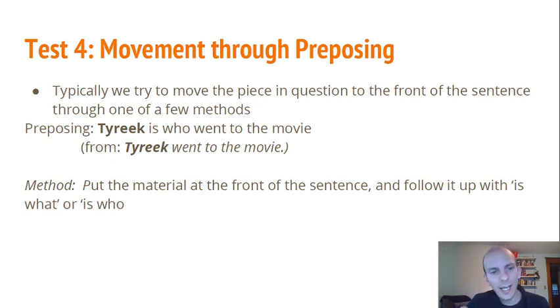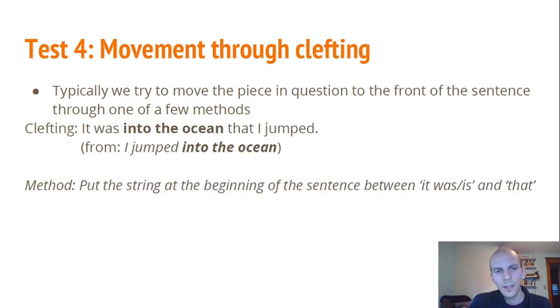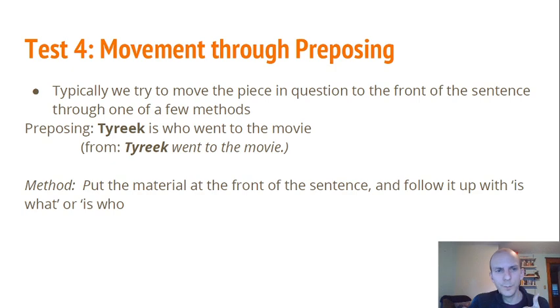And then we add "is what" or "is who." So from "Tyreek went to the movie," our resulting sentence is "Tyreek is who went to the movie." So that's method number 1 of moving: move the element that you're testing to the front, and add "is who" or "is what."